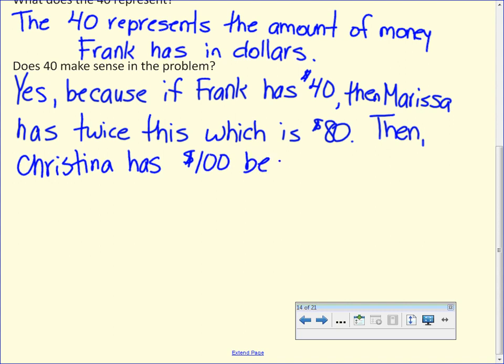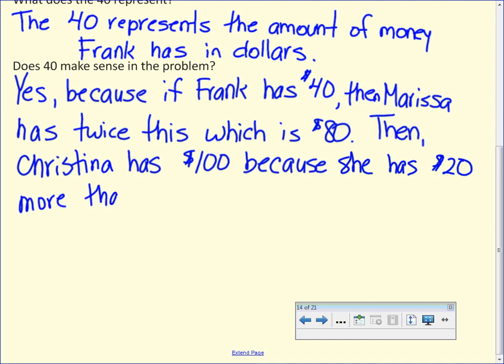Christina has $100 because she has $20 more than Marissa. And we know that Christina has $100 because that's what the problem stated.